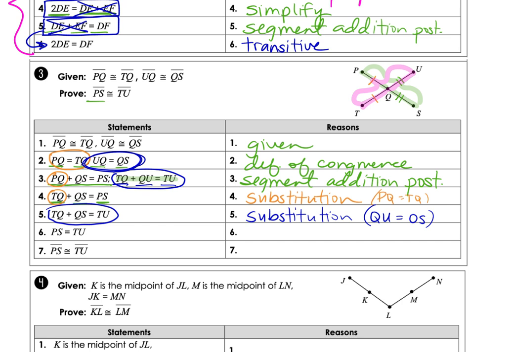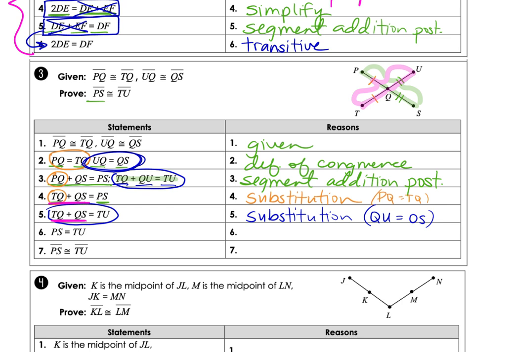Do you see the next thing? It's not subtraction. Let me show you. Is it transitive? Yeah, how'd you get that? Well, it looks like simplifying, but it's not. Or, I mean, it looks like substitution, but it's not. What happened was we had TQ plus QS, that was here, and we had PQ plus QS equals PS.